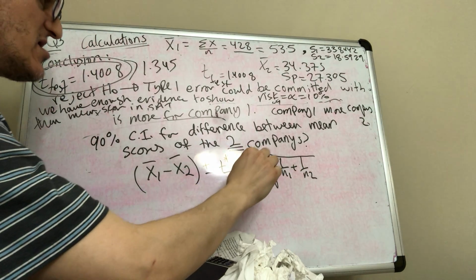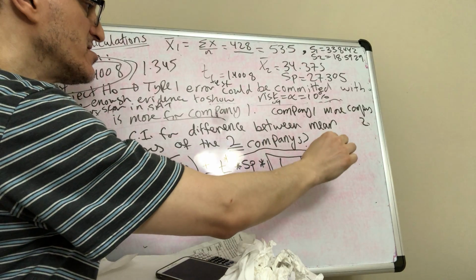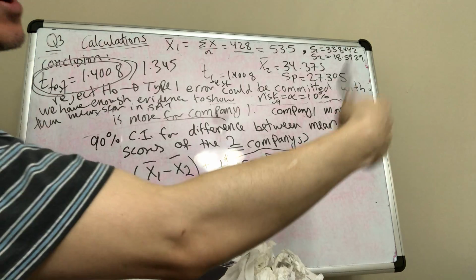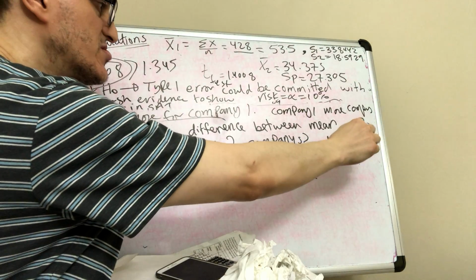To get the t star, we need the degrees of freedom. We know n1 plus n2 minus 2, we know it's 14.